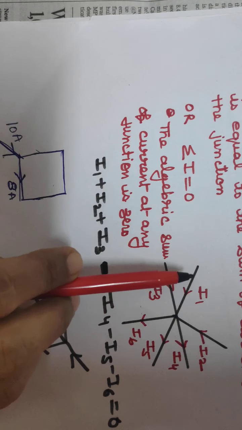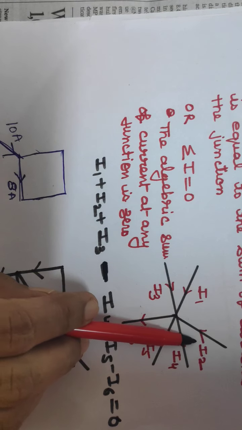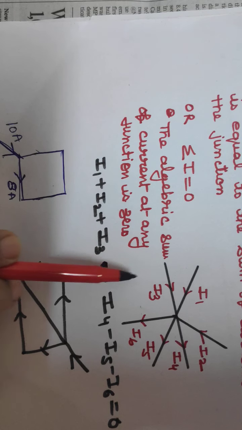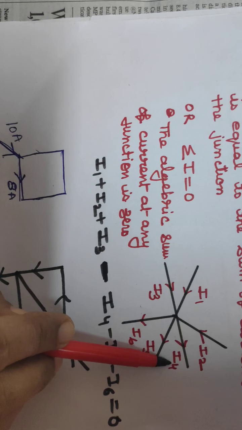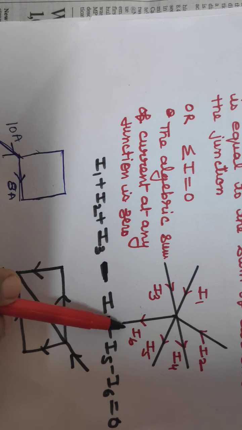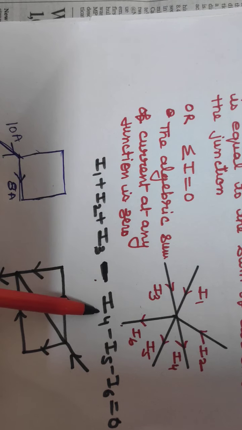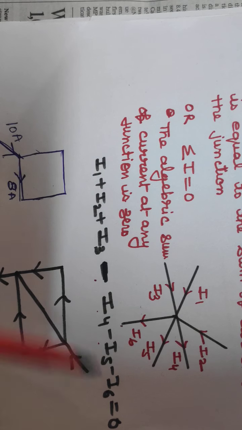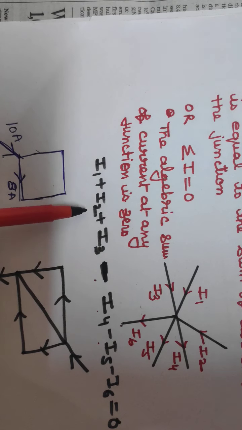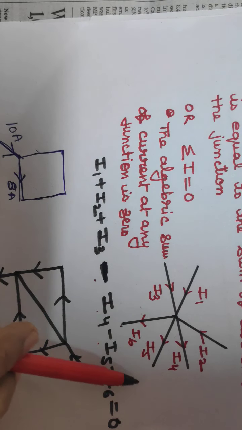So I1 plus I2 plus I3 minus I4 minus I5 minus I6 equals 0. This is summation of I equals 0. Or we can write I1 plus I2 plus I3 equals I4 plus I5 plus I6.